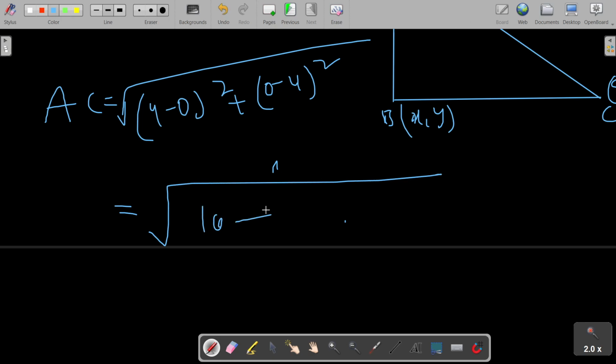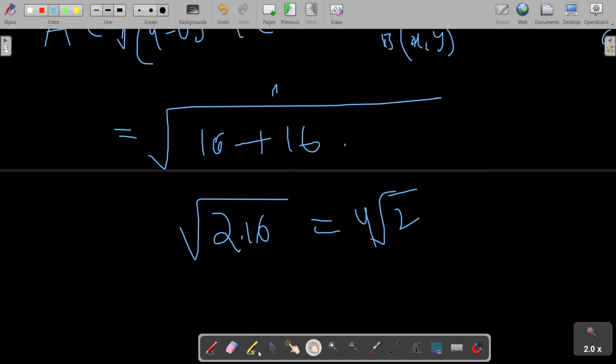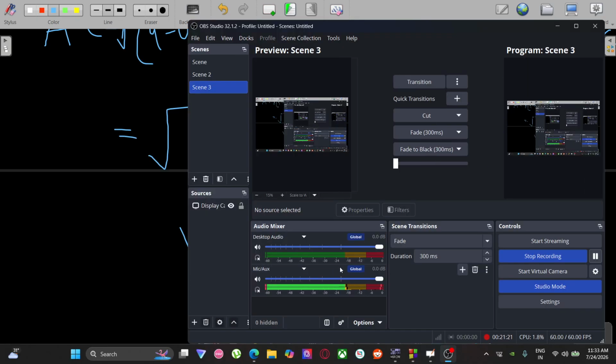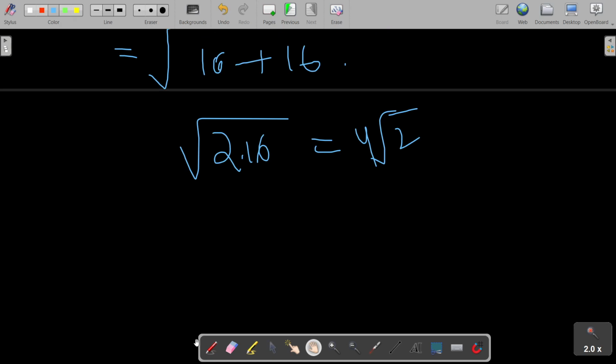Okay, 16 plus 16. 4 squared is 16 and 4 squared is 16. This is 2 times 16, which is 4 root 2. So I found the AC value.